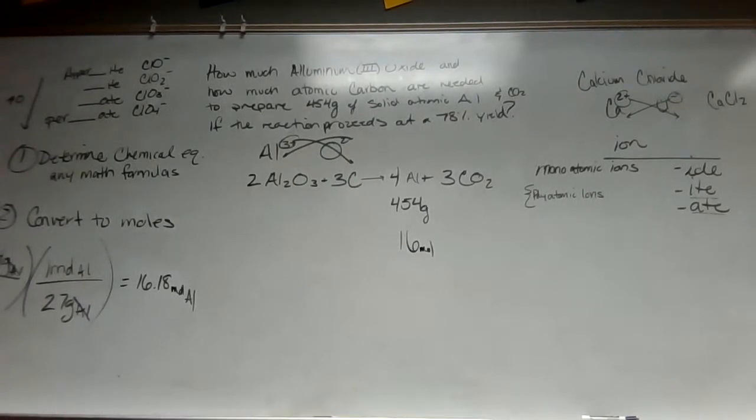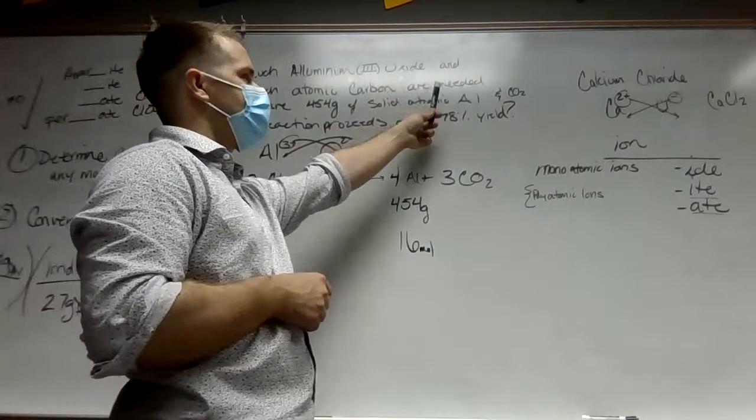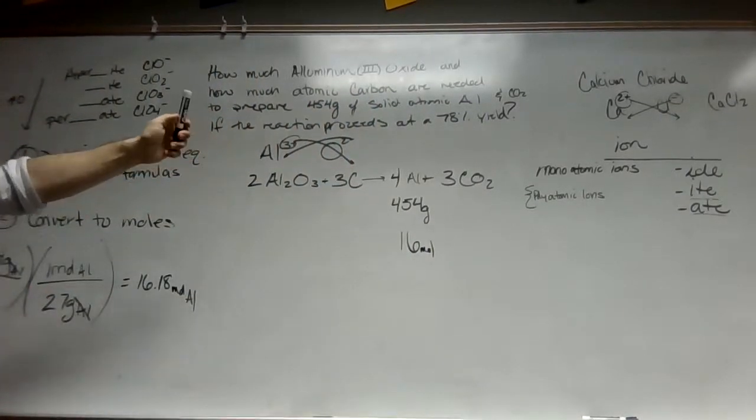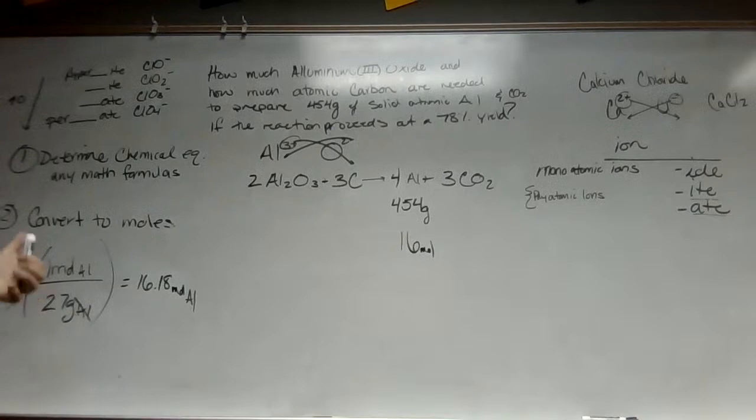How do we go from moles of aluminum on the product side to knowing how many reactants we need on the reactant side?